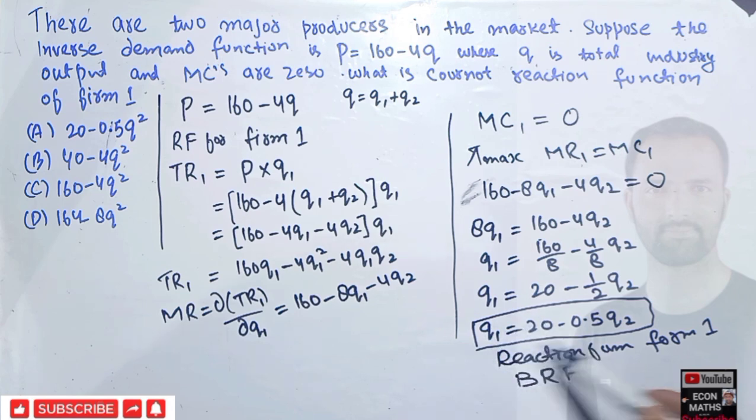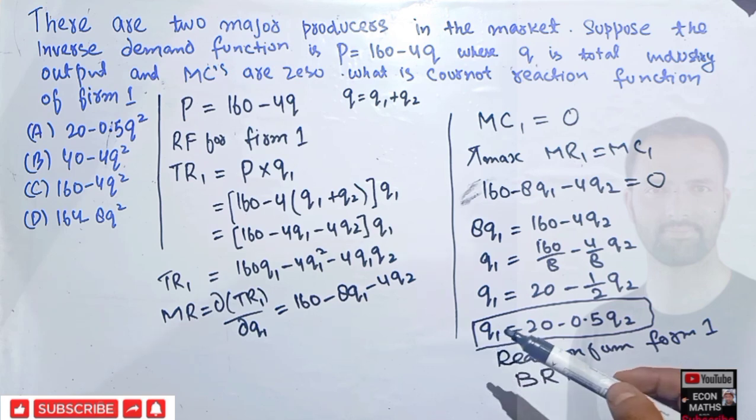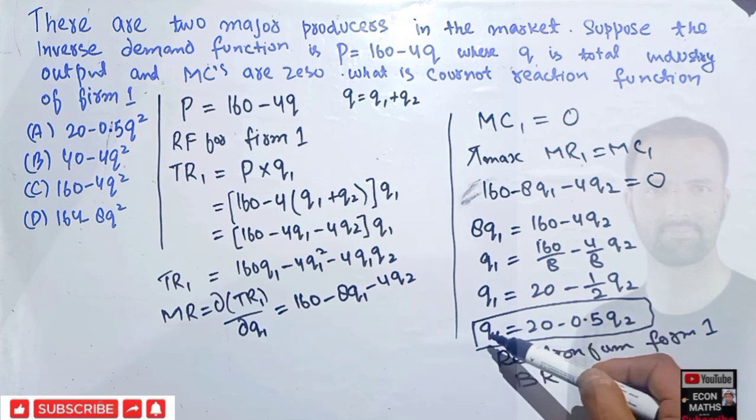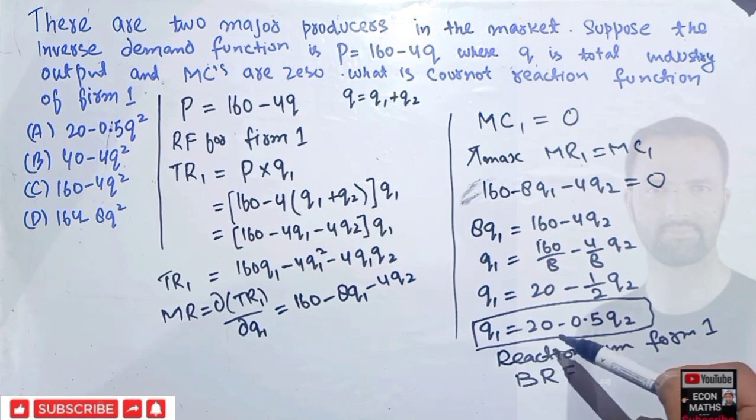This very function tells us the optimal quantity firm 1 should produce given that firm 2 is producing Q2. If Q2 changes, the optimal quantity chosen by firm 1 will also change. In other words, it is the best response for firm 1 in terms of the output level decided by firm 2.